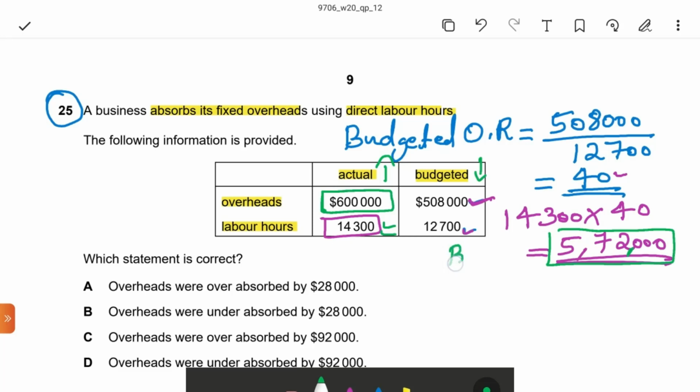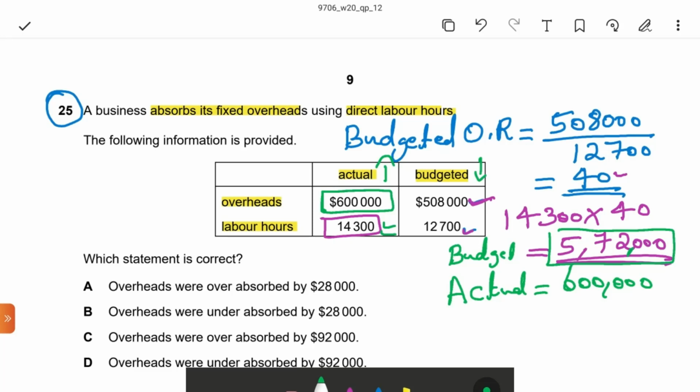The actual 600,000 is more. If the budgeted is less and the actual is more, it means under absorption.